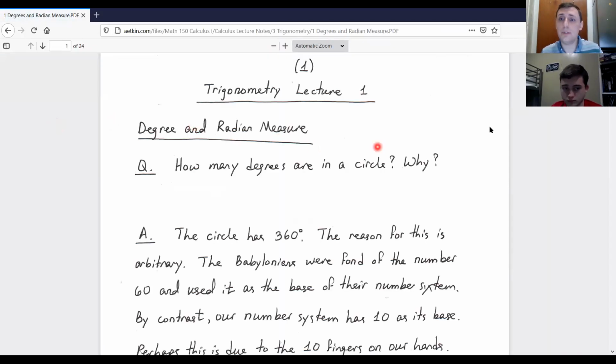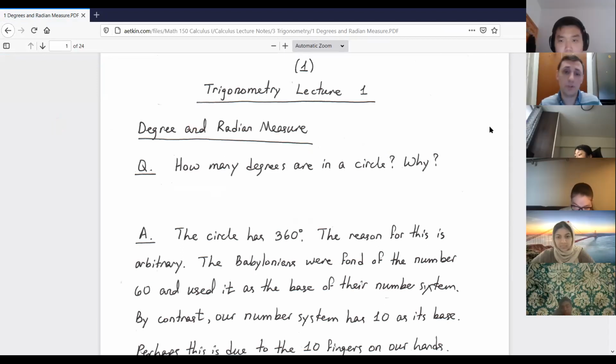So tell me, please, how many degrees are in a circle and why? So first, how many degrees? 360, amazing. 360, everybody spits it out. Everybody knows that a circle has 360 degrees, apparently.